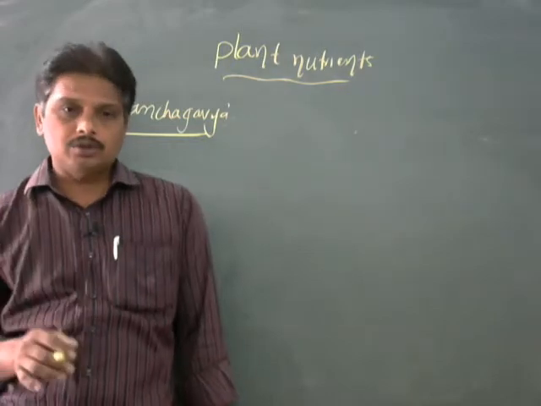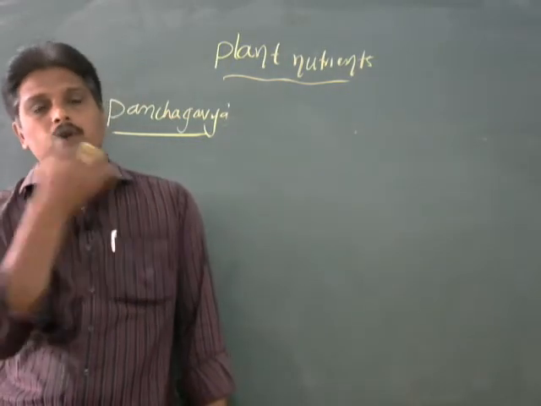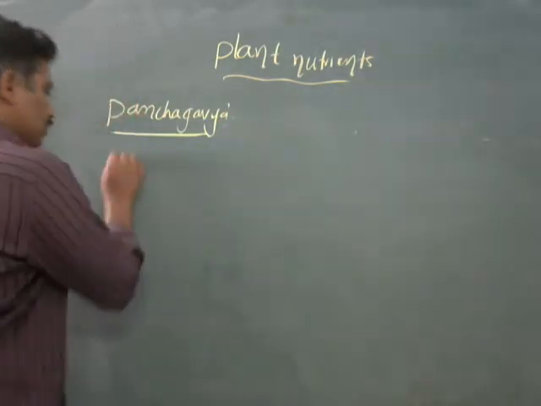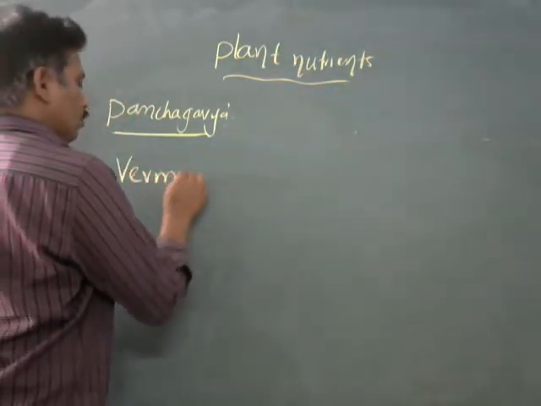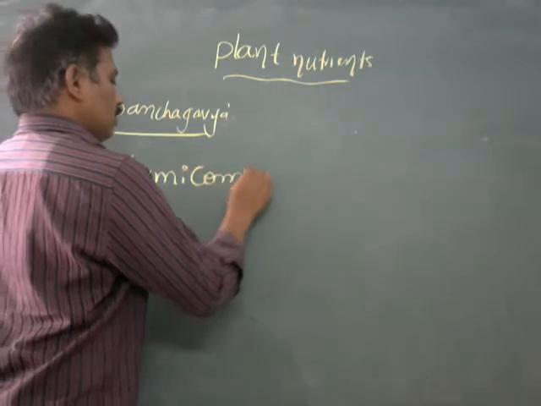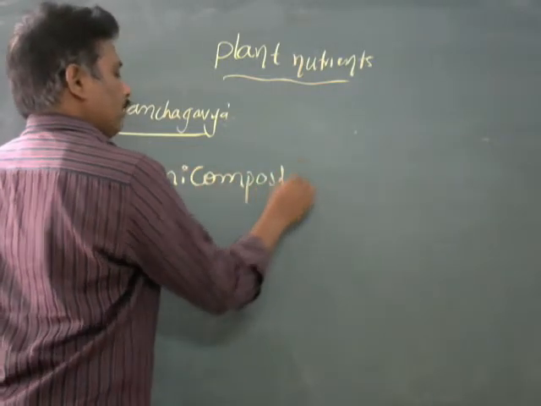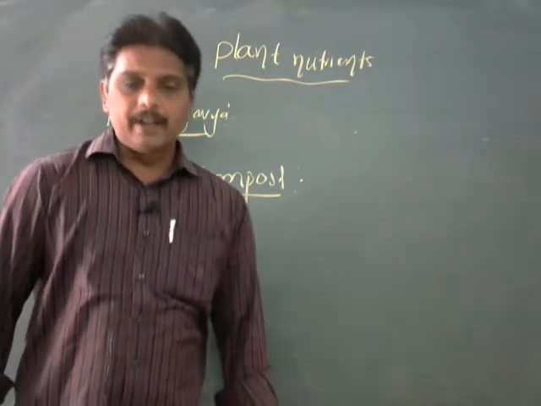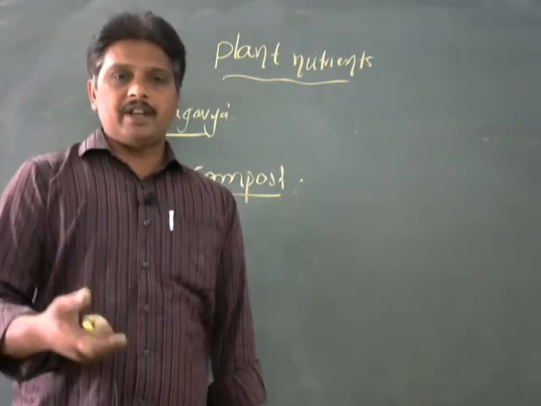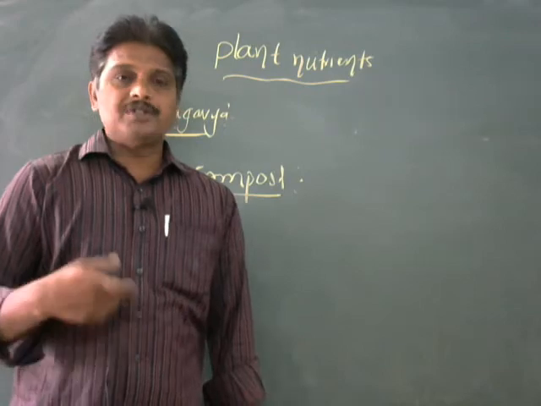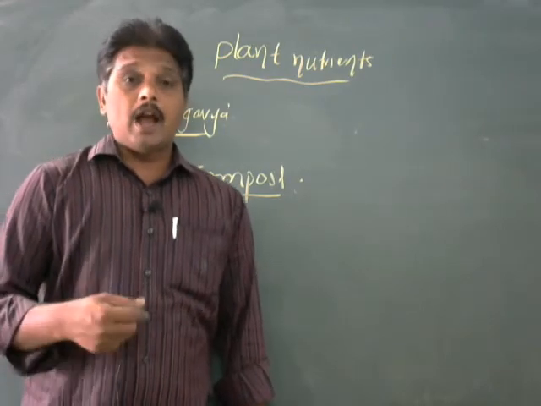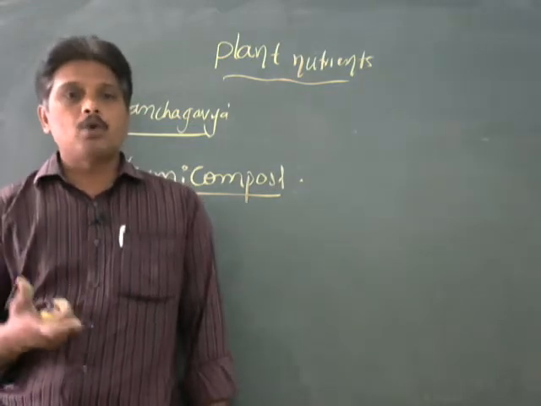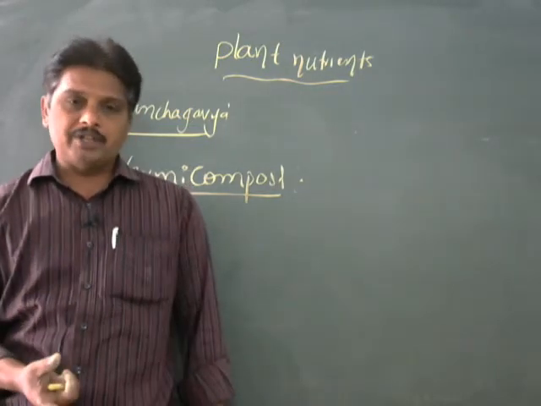Like this, cow dung and buffalo dung are used. And vermicompost, or vermicastings, which we already went through once. Vermicompost is nothing but the castings of earthworms. Castings means excretory material of earthworms, which is rich in nitrogen and humic acid. Humic acid is the chemical which promotes healthy root formation.